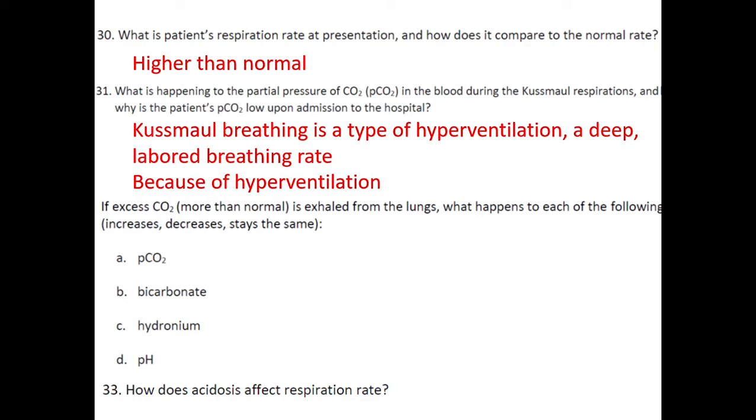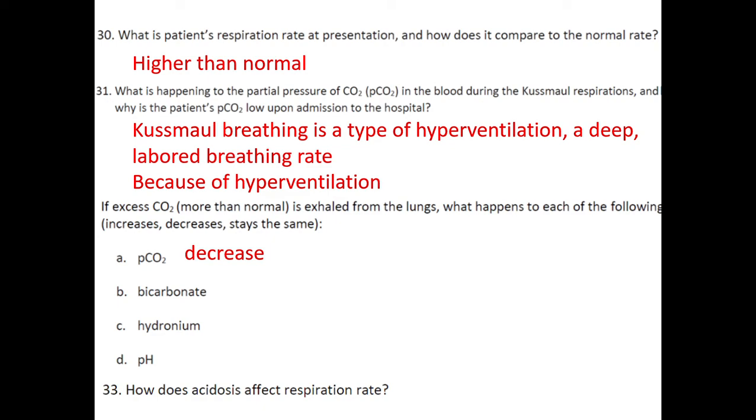If a lot of CO2 is exhaled from the lungs, if we release a lot of CO2 from our system, what happens to each of the following? What do you know about PCO2? We release CO2 from our system, so PCO2 will decrease. When we have a low concentration of CO2, where does the buffering system go? To the left. So what do you know about bicarbonate level?